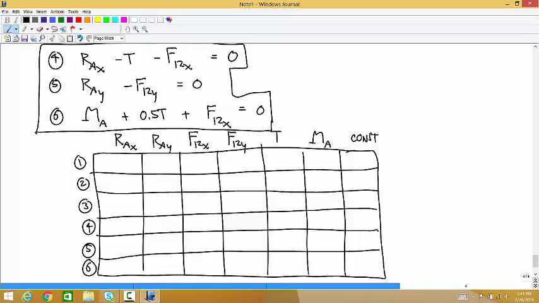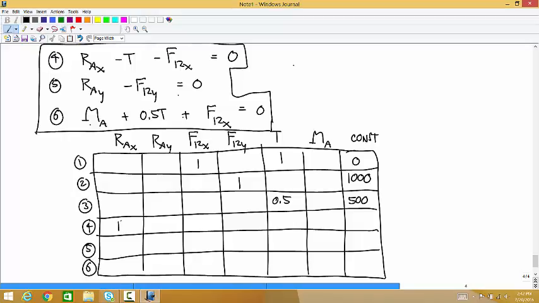So for equation 1, what do we have? T, plus F12X, equals 0. F12Y equals 1,000. 0.5T equals 500. RAX, okay, I can see the rest, thanks.